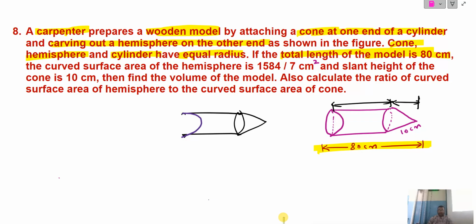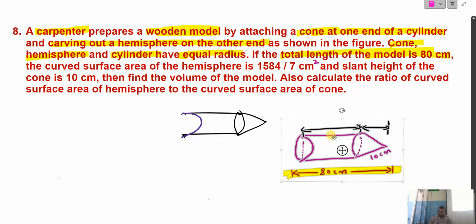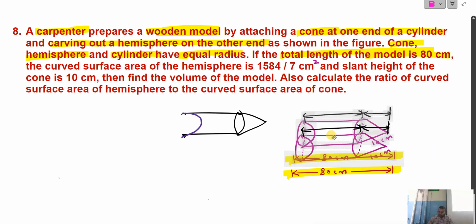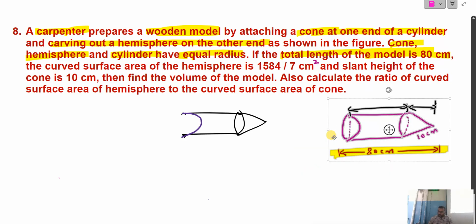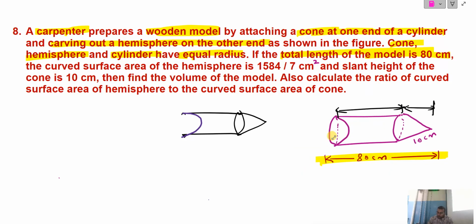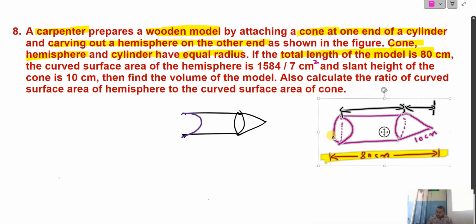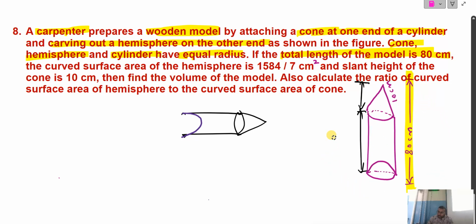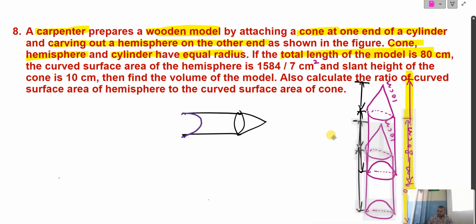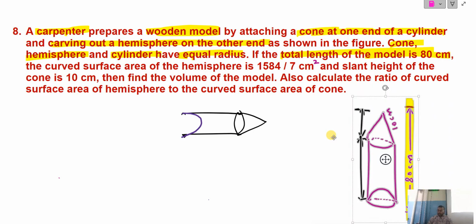In this we have height of cone plus height of cylinder, both together, the total height of this model. If you rotate this model, as you can see, this is our height.